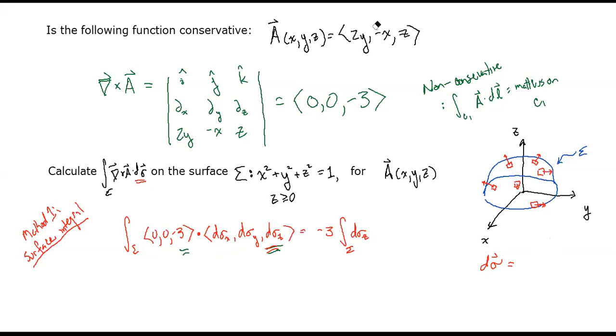So one way of thinking about it is, if you look at our definition of the surface itself, what is x squared plus y squared plus z squared? One. What is it in radial coordinates?